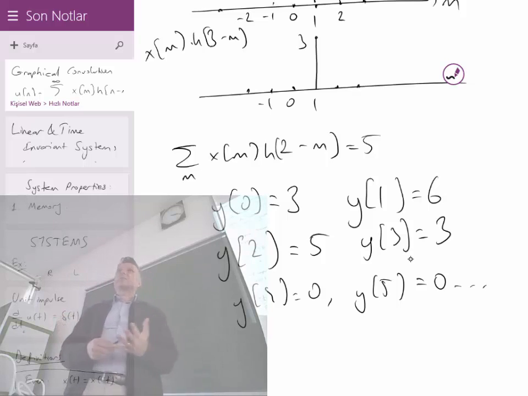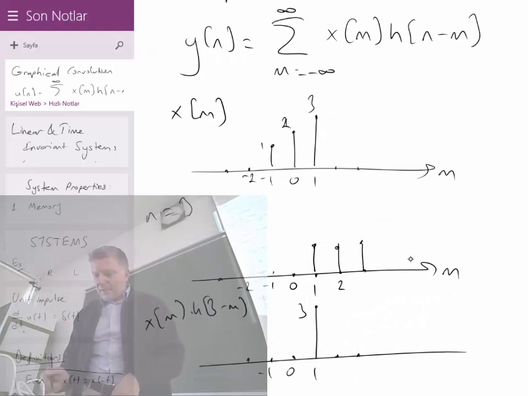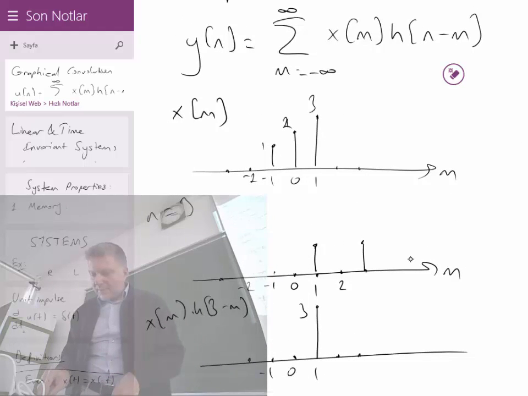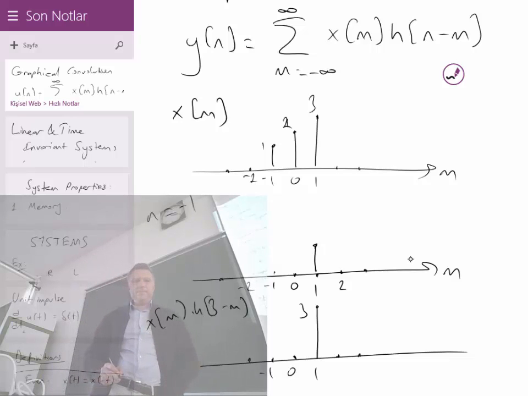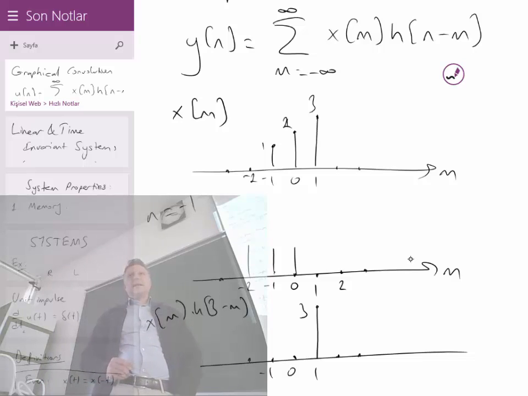But how about y of minus 1? We just didn't evaluate that one, unfortunately. Let's also have minus 1. The original was like this. Just to make a reminder, h of minus m was this. So what is h of minus 1 minus m?